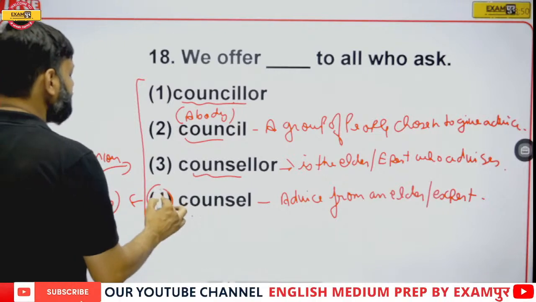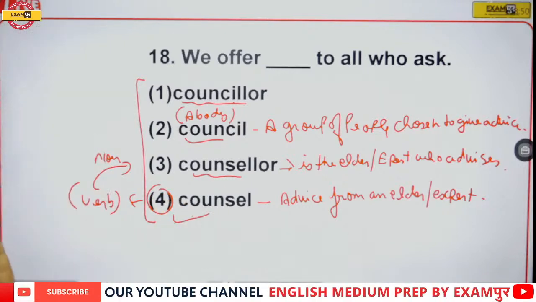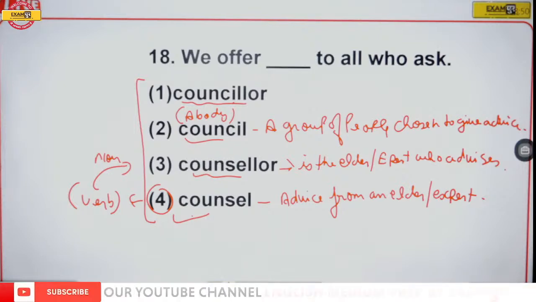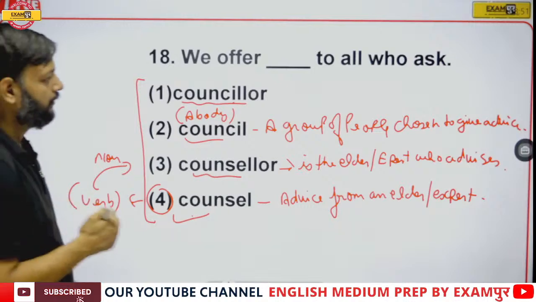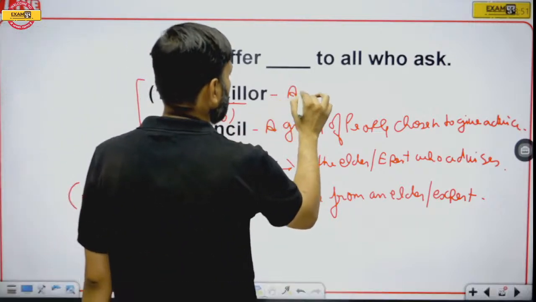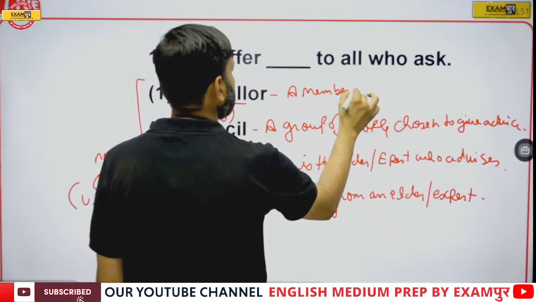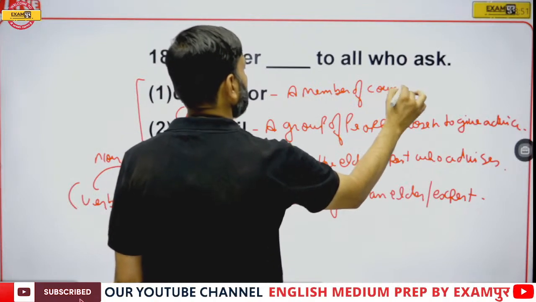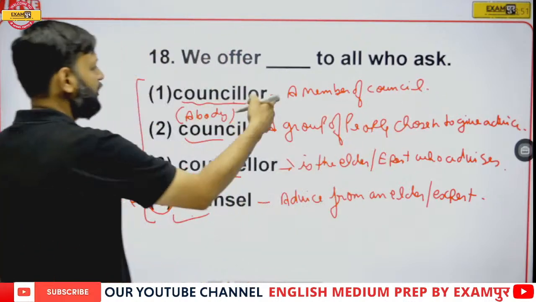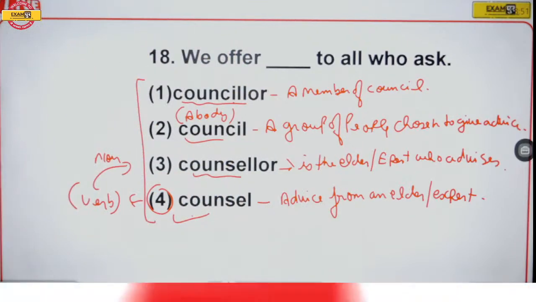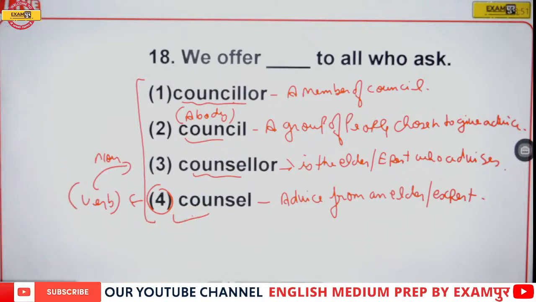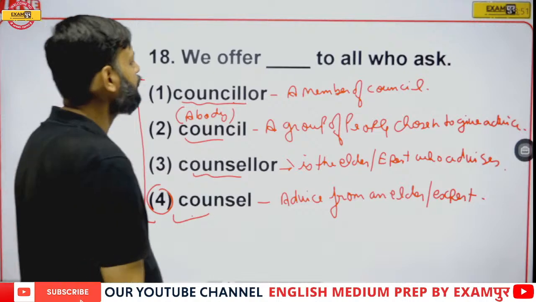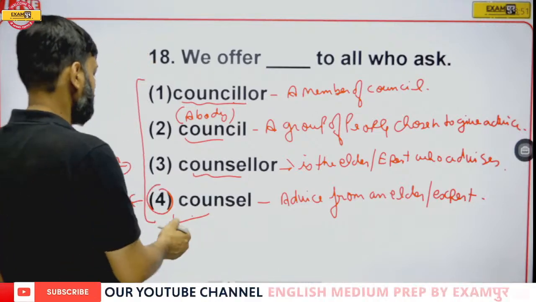So what should be the answer here? Answer should be 4, which is council. Here councilor is a member of council. So here option number 4 is the right answer. Okay, we offer counselor to all who ask.